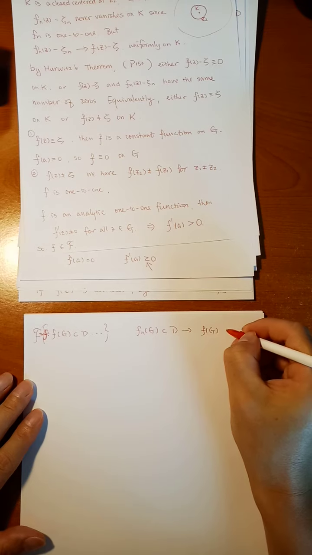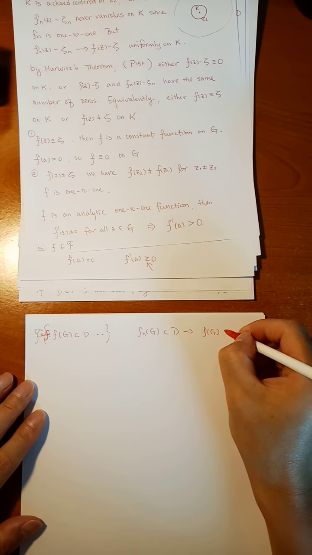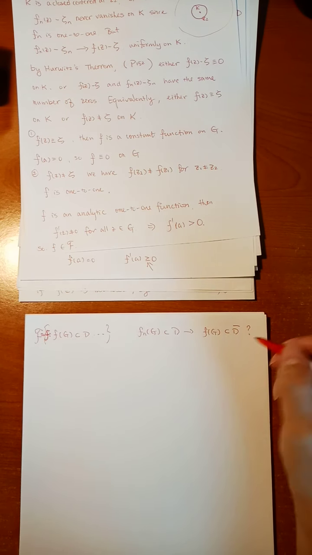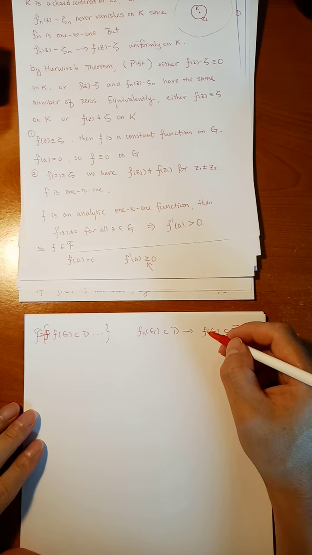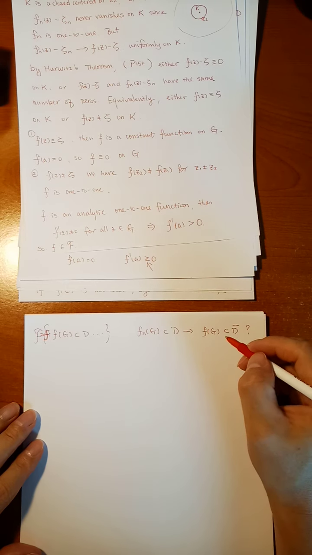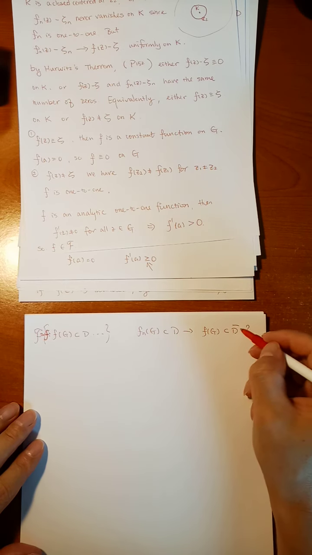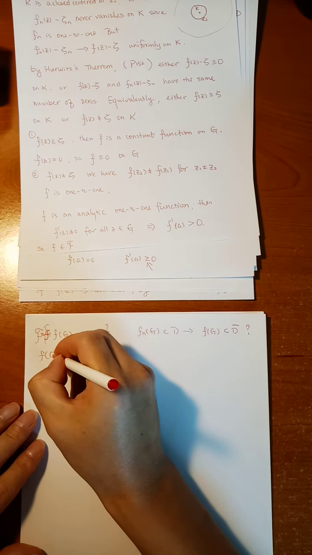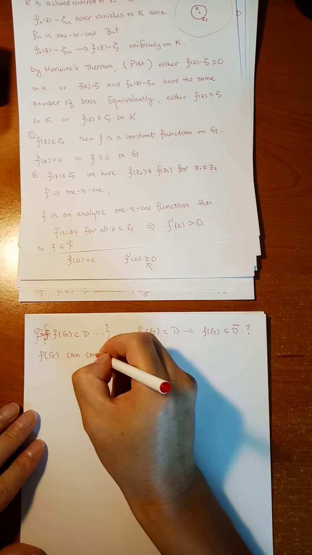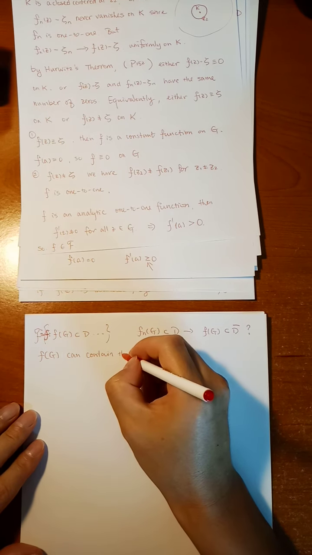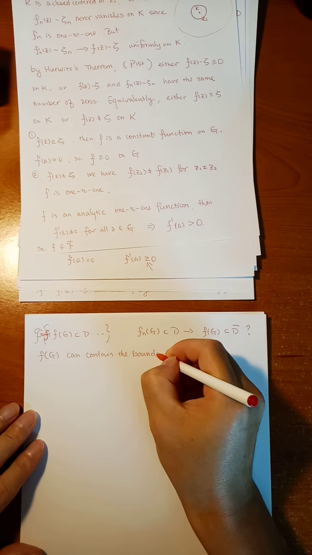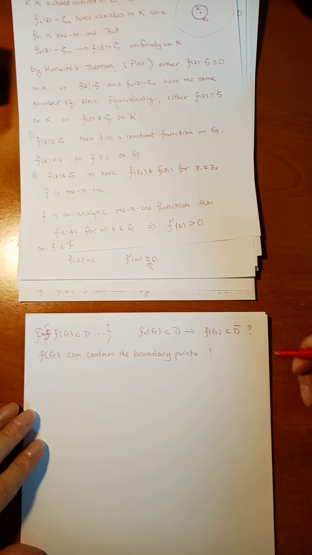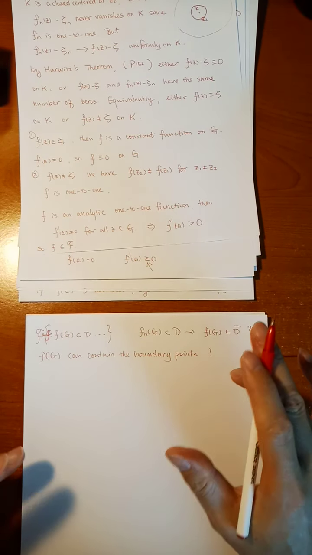It is still inside D, or it can take the closure. Which means, will it be possible that f maps G onto a boundary point? The answer is no.